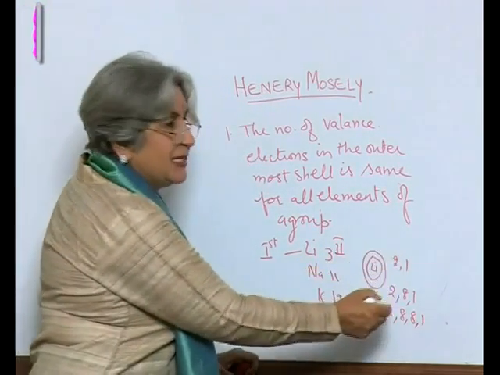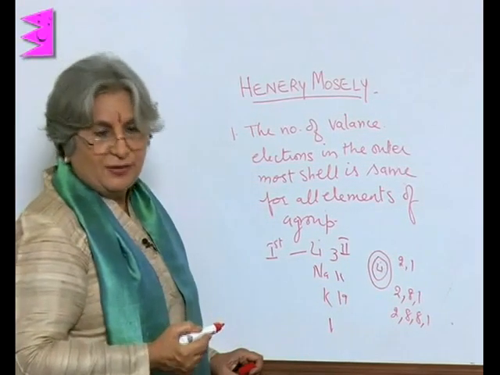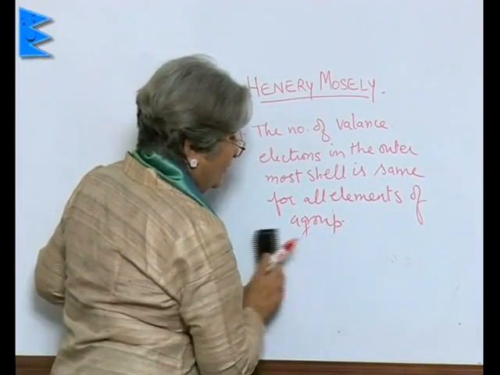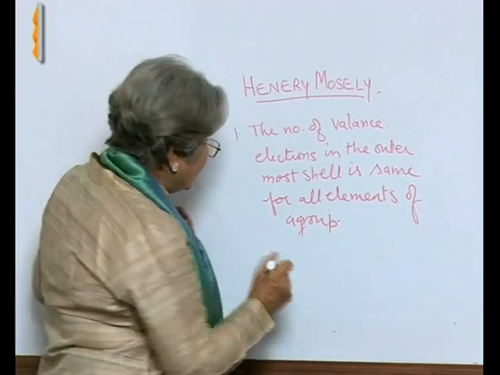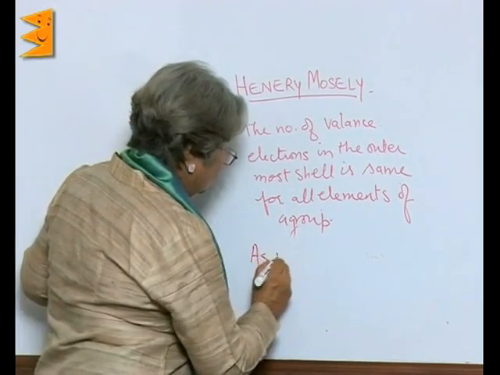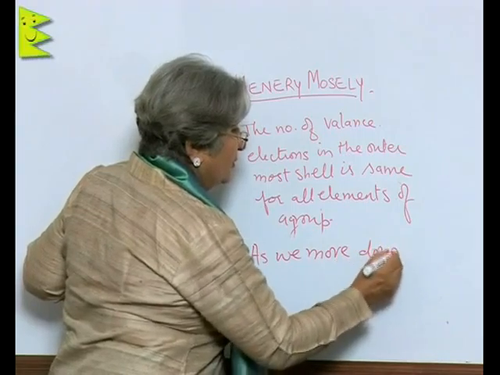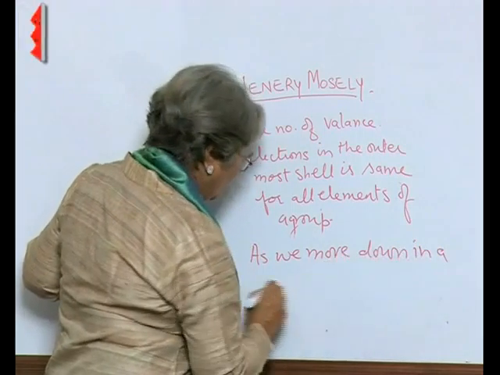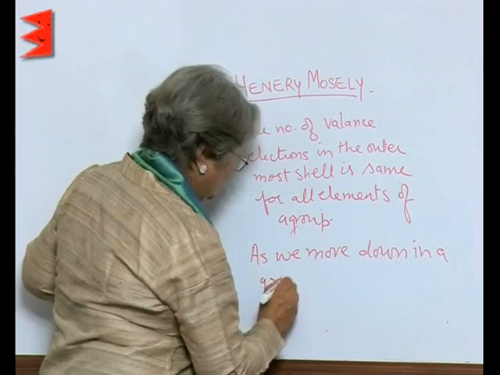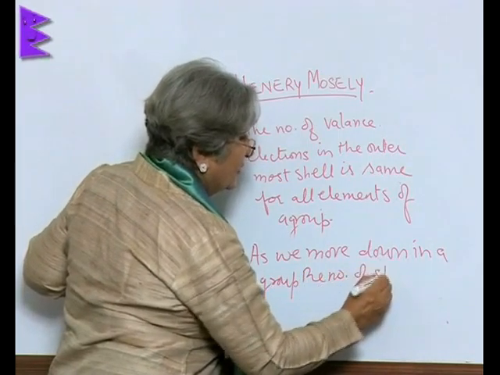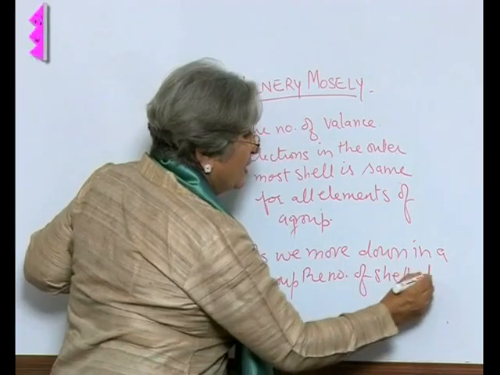So, the number of shells keeps on increasing. So, the next point will be, as we move down in a group, the number of shells keep on increasing.